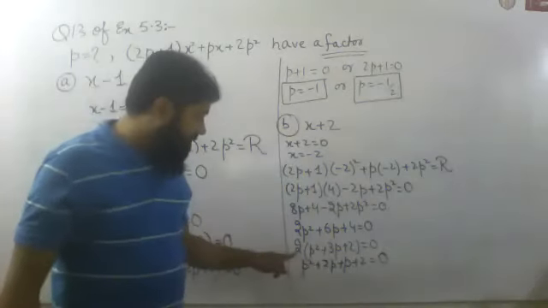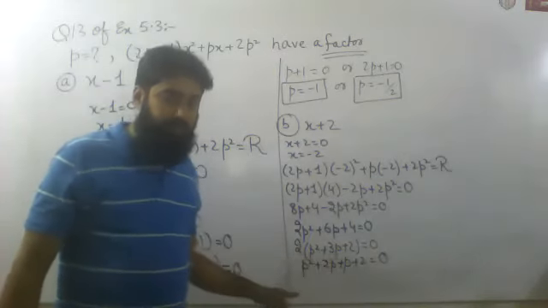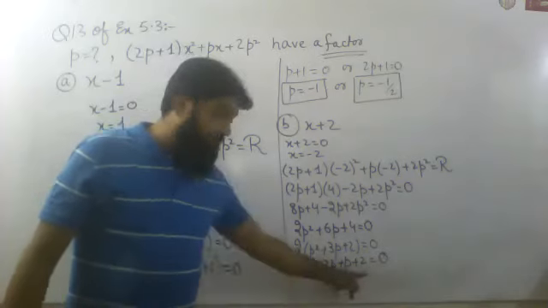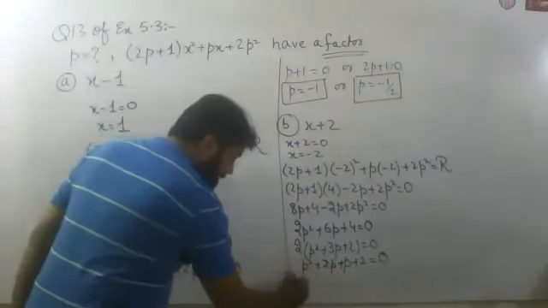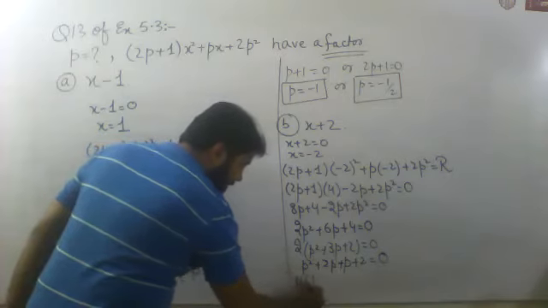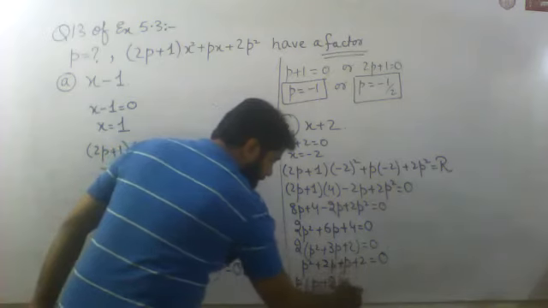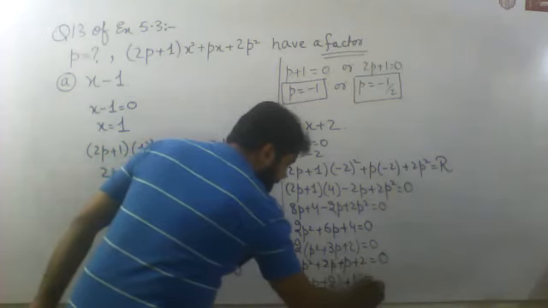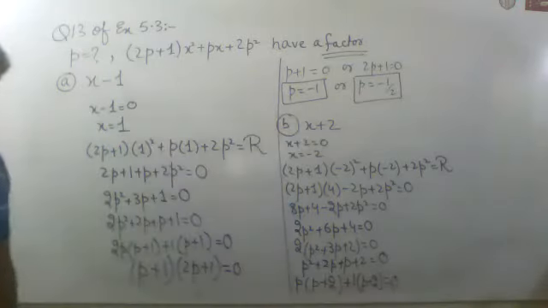Over here, I have shifted 2 on this side, and the remaining p square plus 3p plus 2, I have done middle term breaking. Now, from these two, p will be common, p plus 2. From here, plus 1 common, p plus 2 equals to 0.